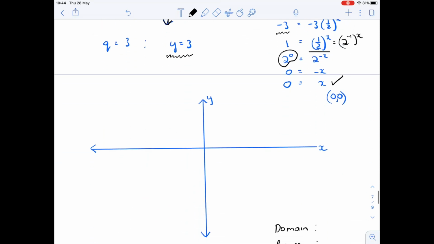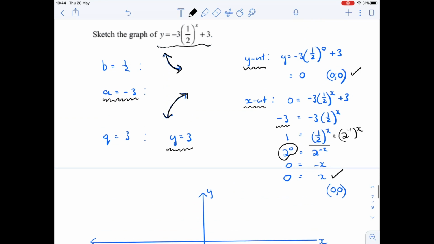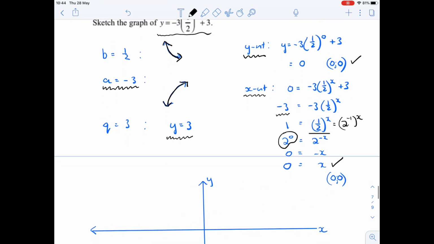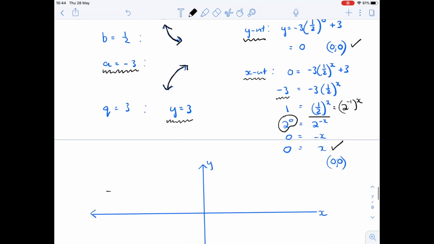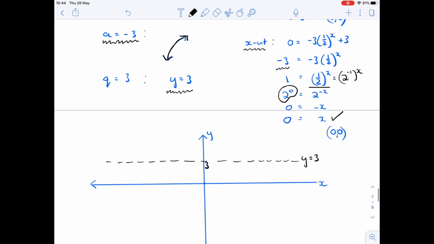So now we go and sketch it. Okay. So my asymptote was up here, plus 3. Let's write y equals 3. The equation cuts at 3. My y-intercept was (0, 0), as was my x-intercept. And what was the shape again?